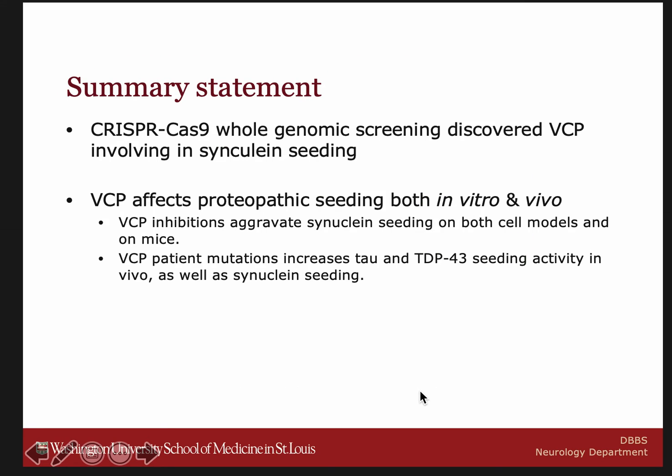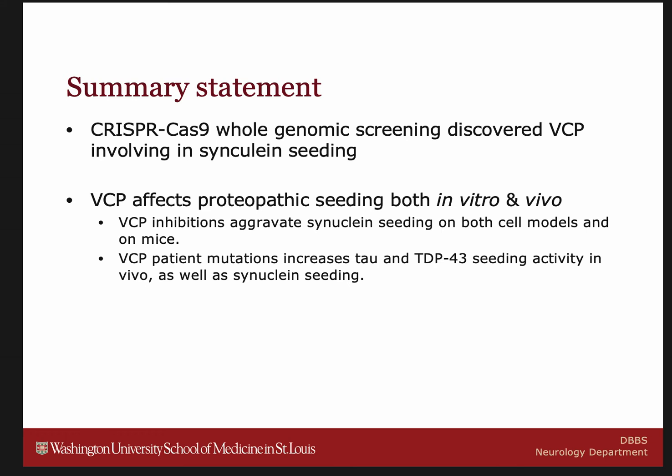So in summary, we used a CRISPR-Cas9 whole genome library and discovered genes involved in alpha-synuclein seeding, including VCP. And VCP affects proteopathic seeding both in vitro and in vivo.